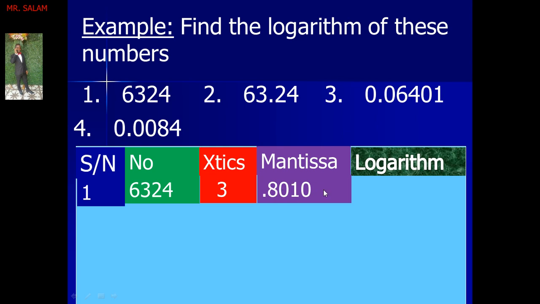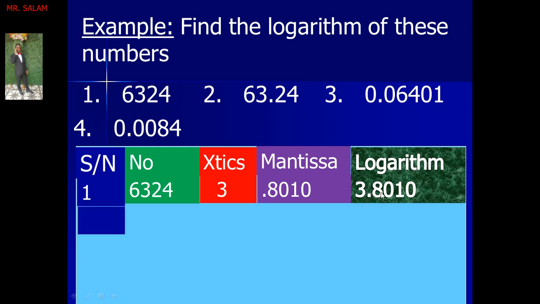So the logarithm of this number will be 3.8010. That's all. So don't forget, if you want to find the logarithm of this number, the mantissa, you say the logarithm of 63 under 2, and to the answer you get, you add the difference of 4. So that will give us this.